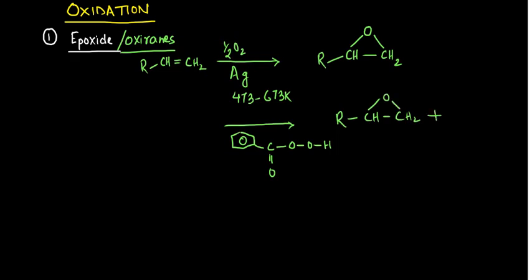Plus, one of this oxygen gets added over here, and the other part remains as it is. So this remains as a normal acid after the reaction. Okay. So peroxy acids can also be used to carry out this reaction, and in place of Ag you can also use peroxy acids. So this is formation of epoxides or oxiranes.